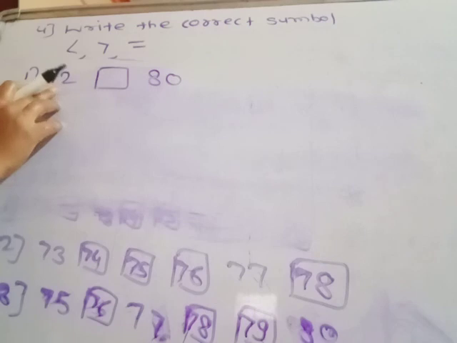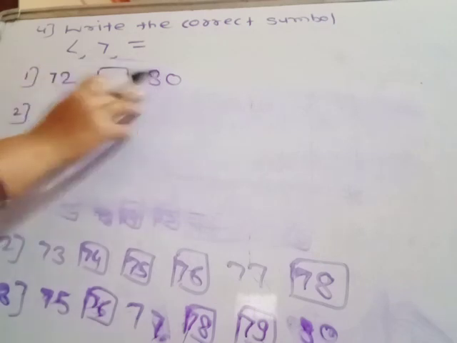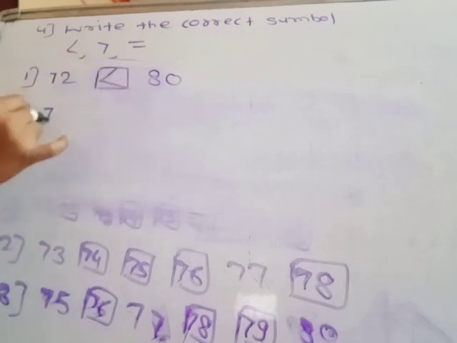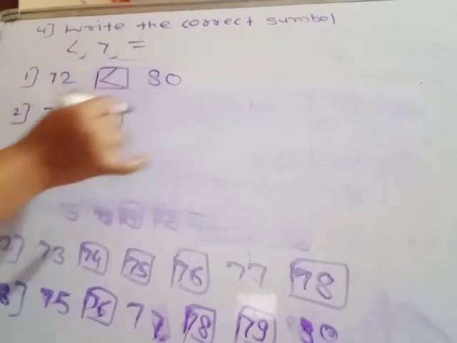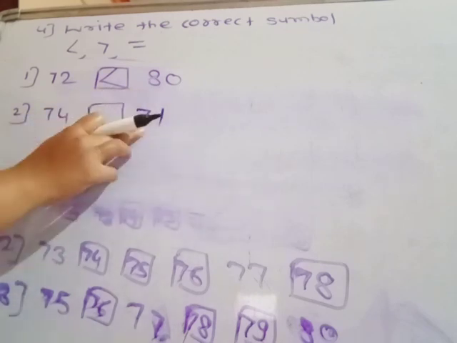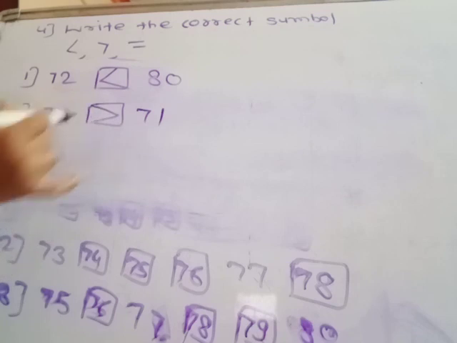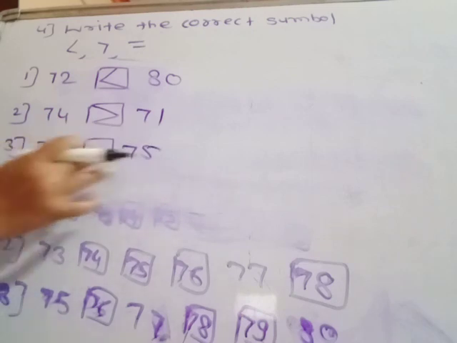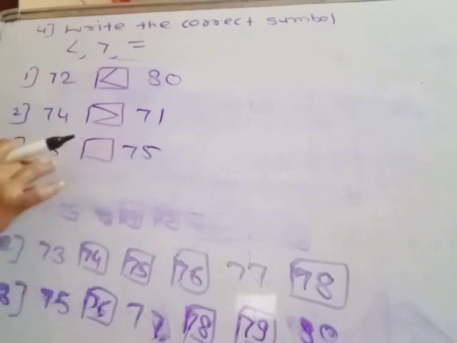Then you compare 72 to this 80. 72 is less than this 80 number, then you put here the symbol of smaller than. Then 74 and here 71. 74, this number is greater than this 71, then you put the symbol greater than.